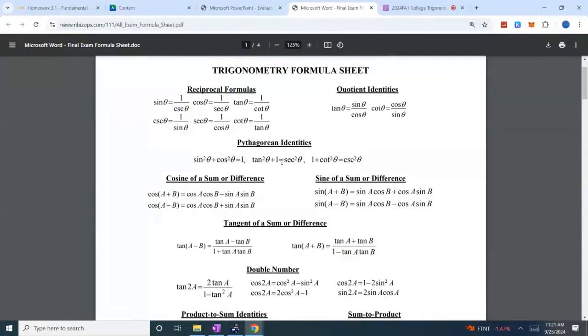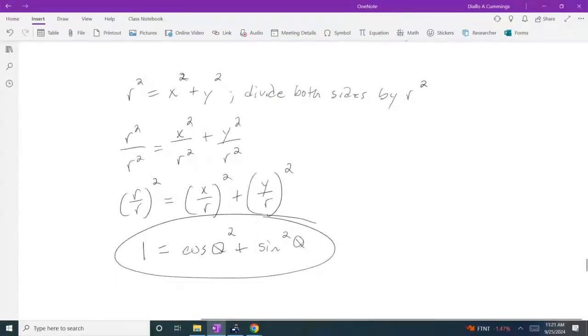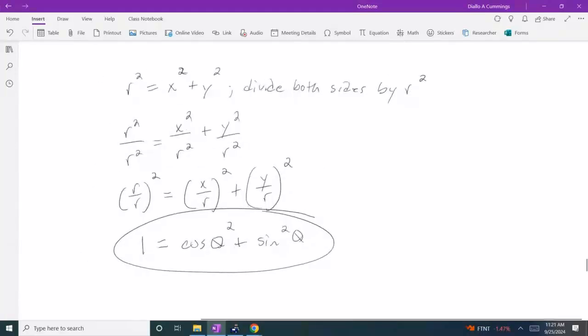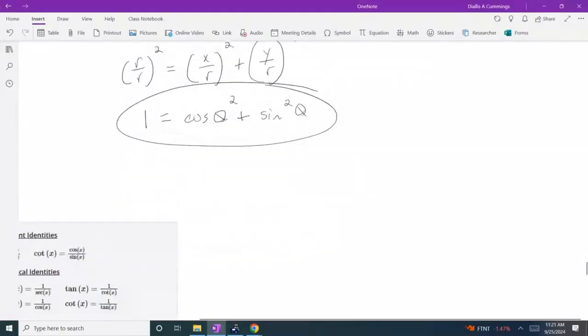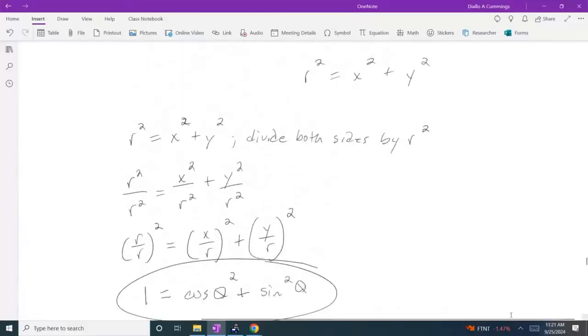In order to get the other two formulas, it's just a matter of what you divide by. So I'm going to take the same r squared is equal to x squared plus y squared, if I can slide this over.